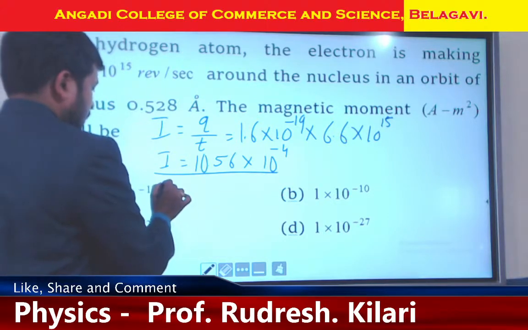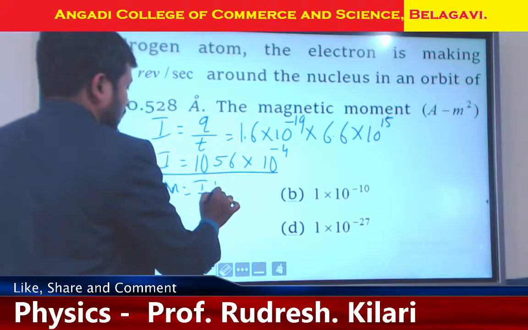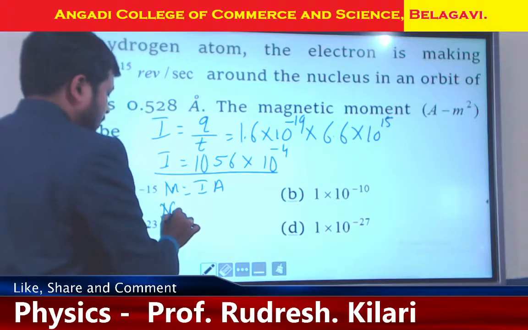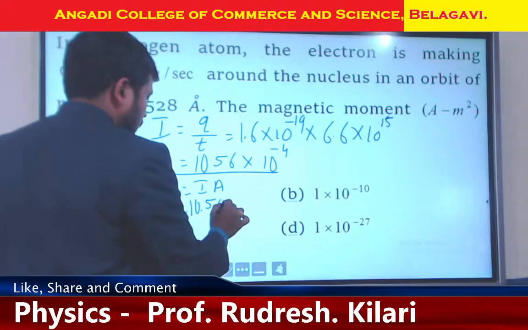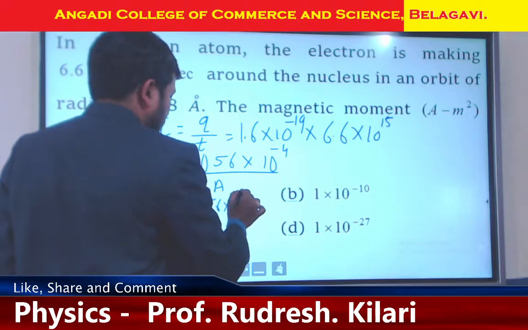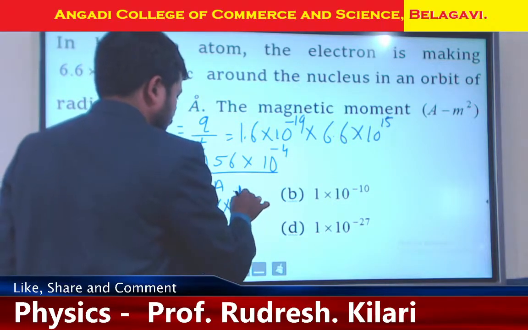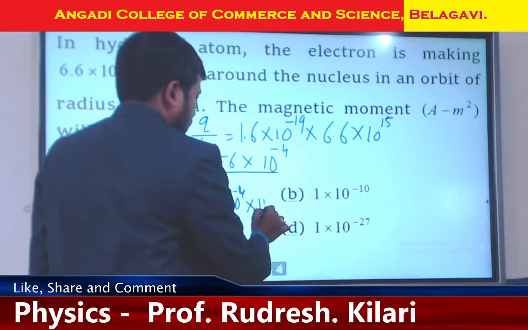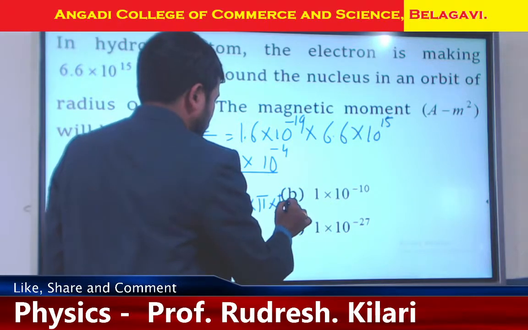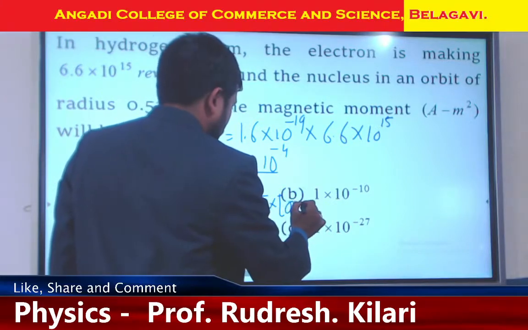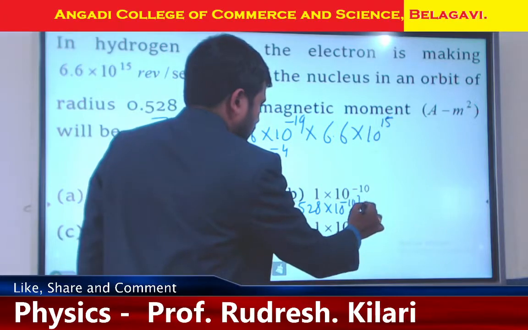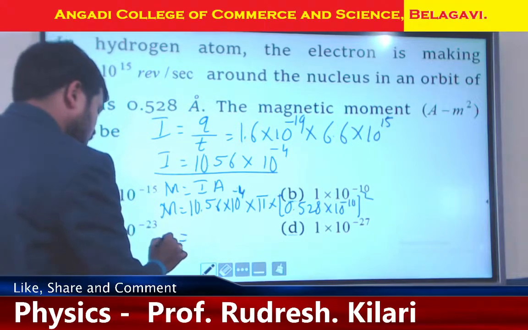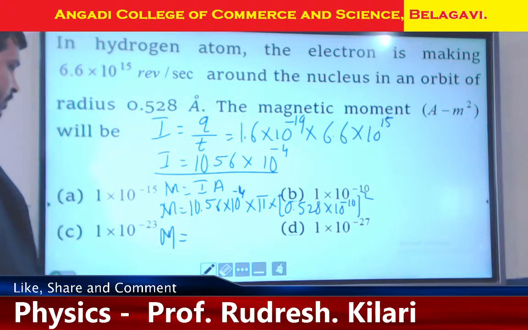That is M equals I into A. Now M equals, what is the value of I? 10.56 into 10 to the power of minus 4 into 5 into 0.528 into 10 to the power of minus 10 whole square. Okay, so simplify, and we can get the answer.